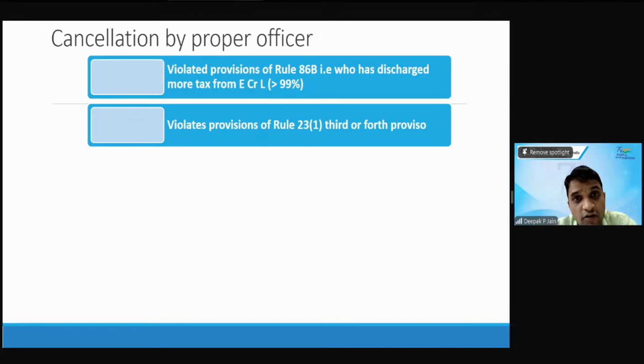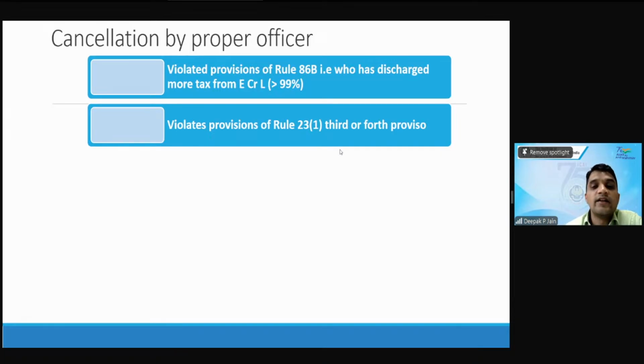Correct. Section 171 is out of syllabus, but as a point for cancellation it is one point. Quarterly, monthly, annually. Correct. So a composition taxpayer files the return annually, not monthly, not quarterly.